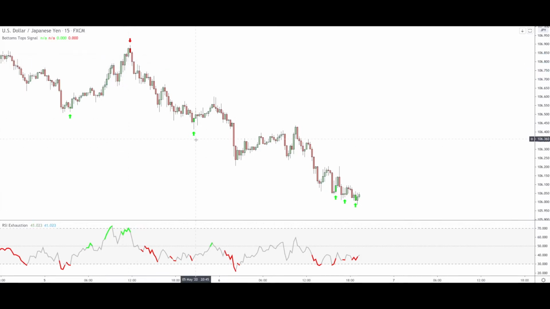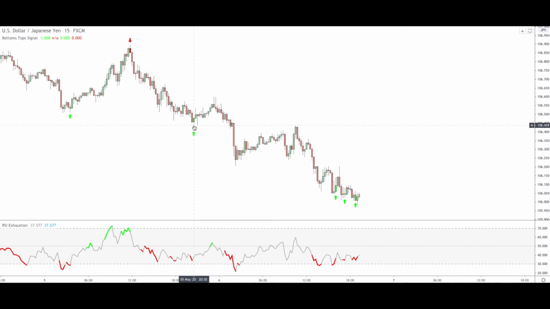The next one was instead another bottom. However, it was not actually a bottom. You should have ignored this signal because the price is trending down. There is pretty much no divergence with the RSI, so there is no technical evidence that the price will stop here and will start to bounce back.